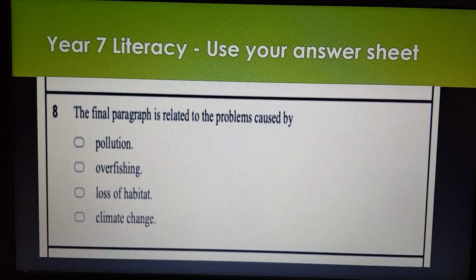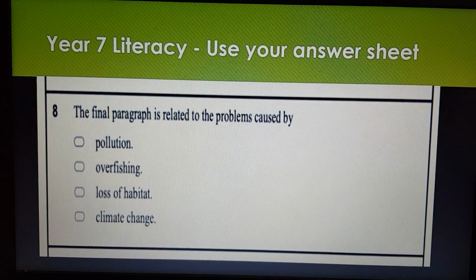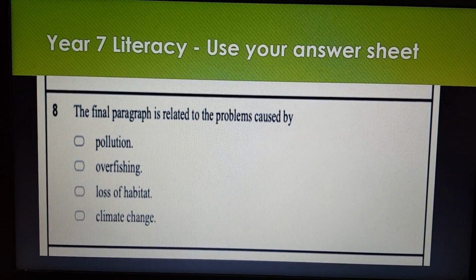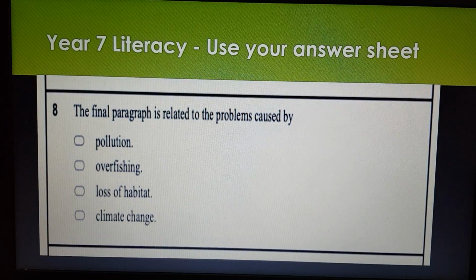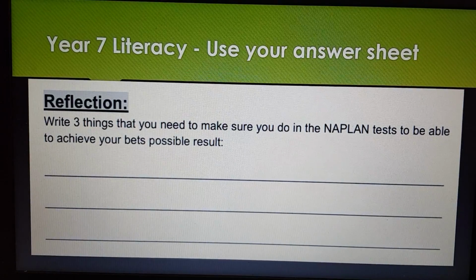The final paragraph is related to problems caused by 1, pollution, 2, overfishing, 3, loss of habitat, 4, climate change. The last question is a reflection. You need to write three things that you need to make sure you do in the NAPLAN test to be able to achieve your best possible results.